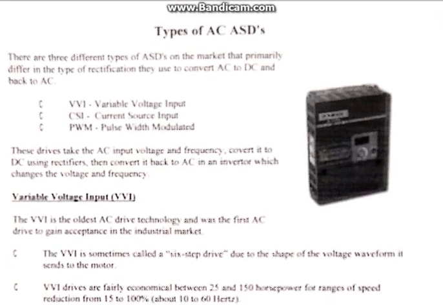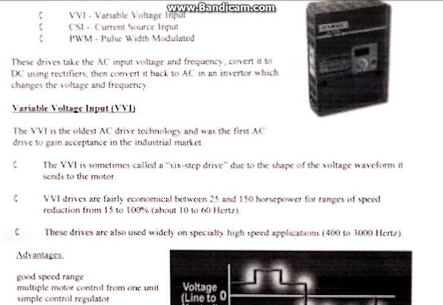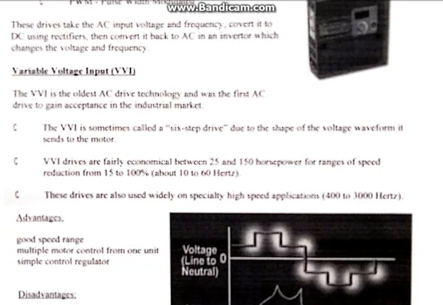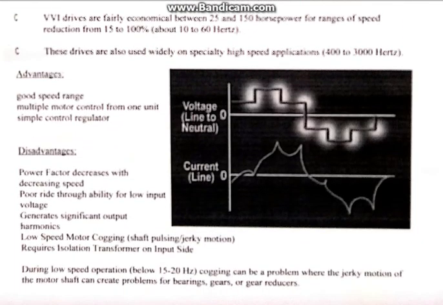Depending upon how the control voltage or the current and frequencies are given to the adjustable speed drives, they are classified as VVI, that is variable voltage, then current source, and PWM controls. Their detailed explanation is given over here.